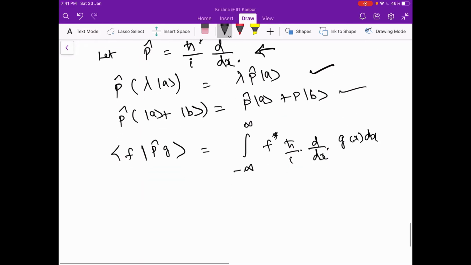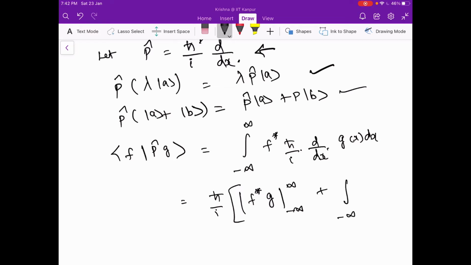Right? So this is how I expand this, and of course h bar by i can be taken out, and this integration I integrate by parts. So you get uv, which is f star g, from minus infinity to infinity, minus the integral of v du, minus infinity to infinity of h bar by i, d f by dx, star, g dx.